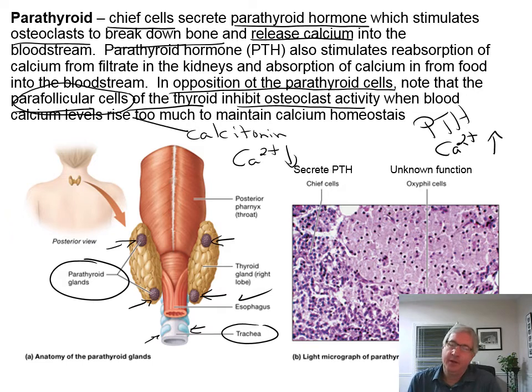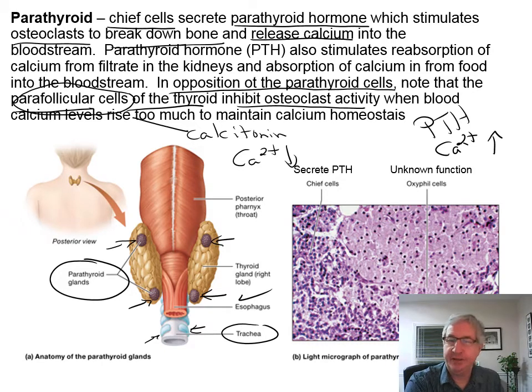So that's your opposition thing. The chief cells of the parathyroid release parathyroid hormone, causing calcium levels to go up, and the parafollicular cells release calcitonin, telling calcium to go down. So those two things are in opposition to each other.